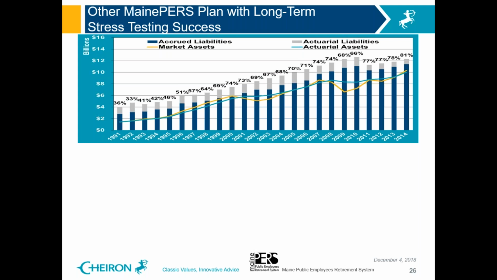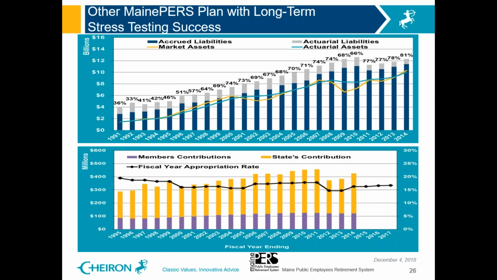So the state of Maine commissioned studies, and out of that grew recommendations. At that time, a commitment was made to fund this plan from years of underfunding or other events. And the state started putting in approximately 20% per year of payroll, and they continued that.